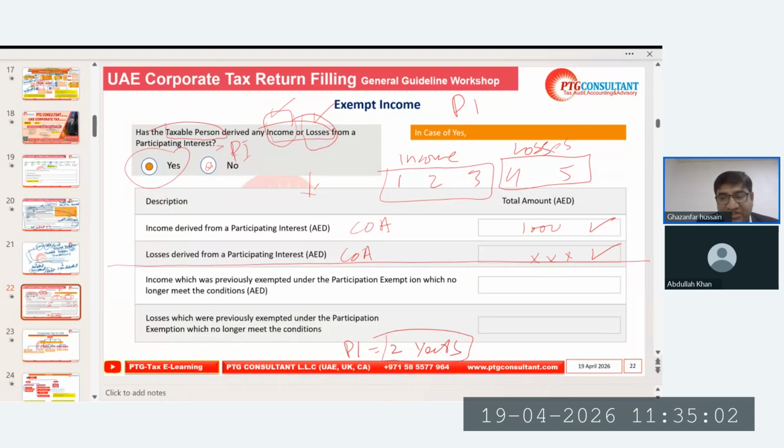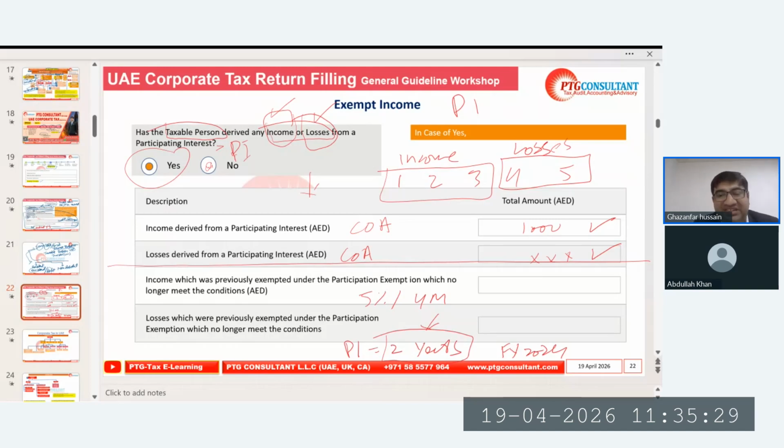So if we purchase in the first tax period, let's say the first tax period is 2024, what are the two conditions? We are meeting the 5% or the 4 million. But the 2-year condition is not met, because we are receiving the dividend after the year end, but in the first tax period, this condition is not met.